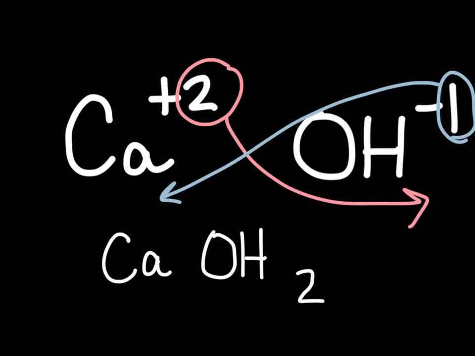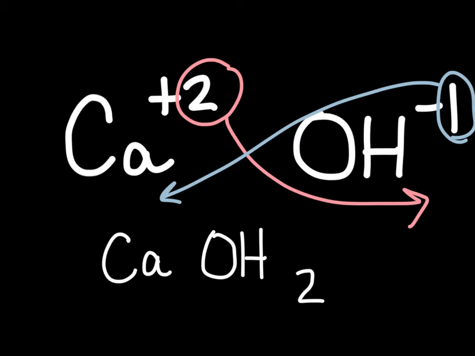Now here's the problem. If I just leave my subscript 2 outside like this, what the formula is telling me is that I have 1 atom of calcium and 1 atom of oxygen and 2 atoms of hydrogen. And this is not the case. In fact, what I have is 1 atom of calcium and 2 hydroxide polyatomic ions.